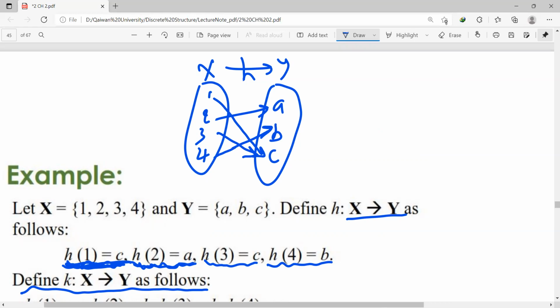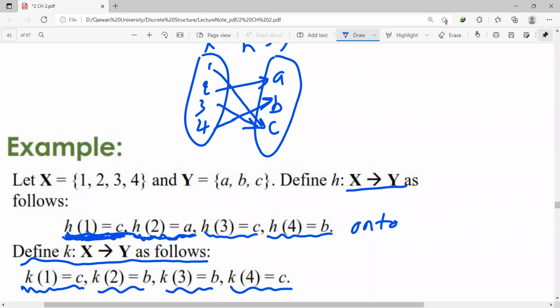It is an onto function. Why? Because there is no extra element here which is not image for elements of X. So the function is an onto function. So H is onto. How about K?